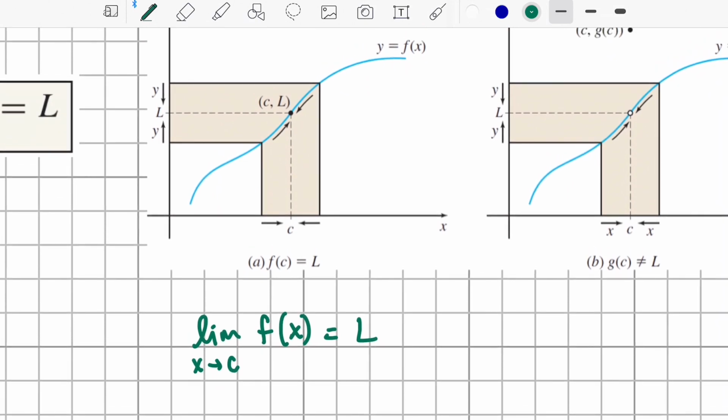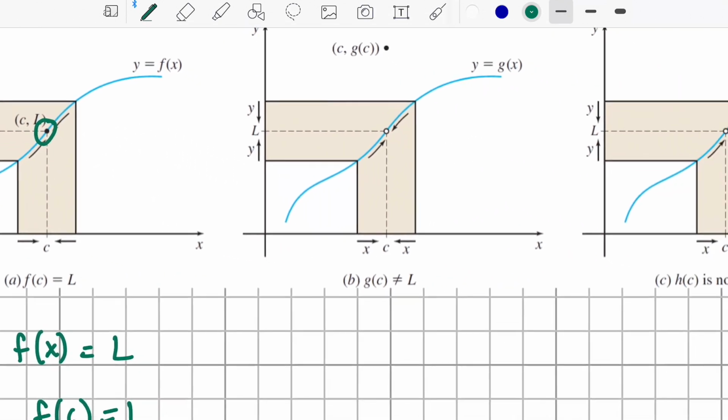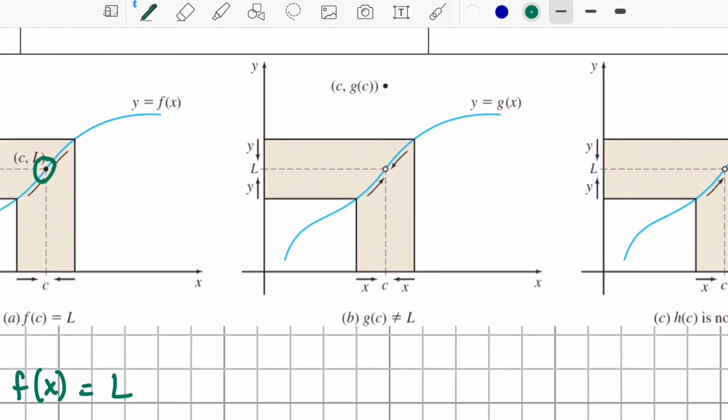What I also want you to notice is that f of c equals L, meaning that it's defined at c, right there. It's the same exact value. Now, sometimes it's defined at c, but doesn't have the same limit value.